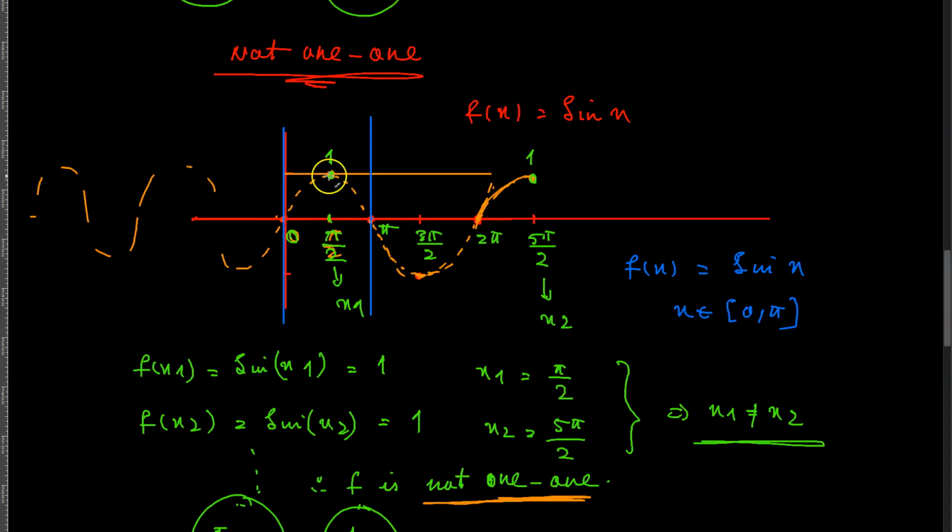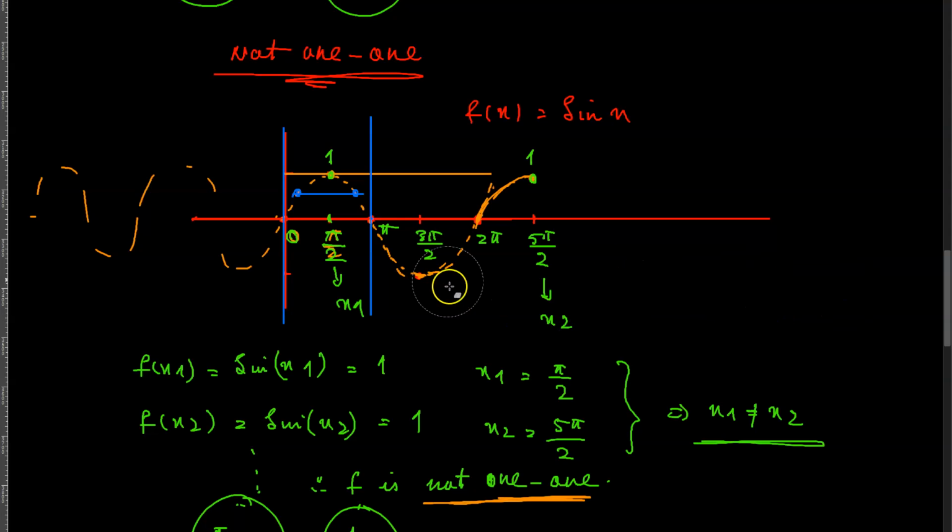Now, as you can see, here again the function is not 1, 1, because the outputs over here are again 1. So this wouldn't work either, right?